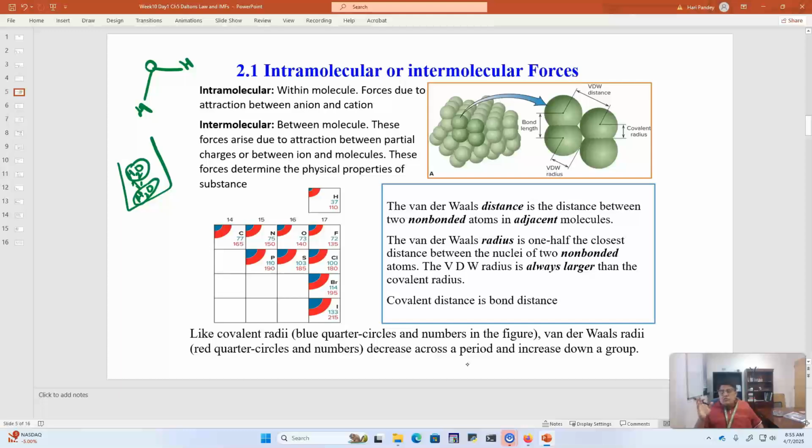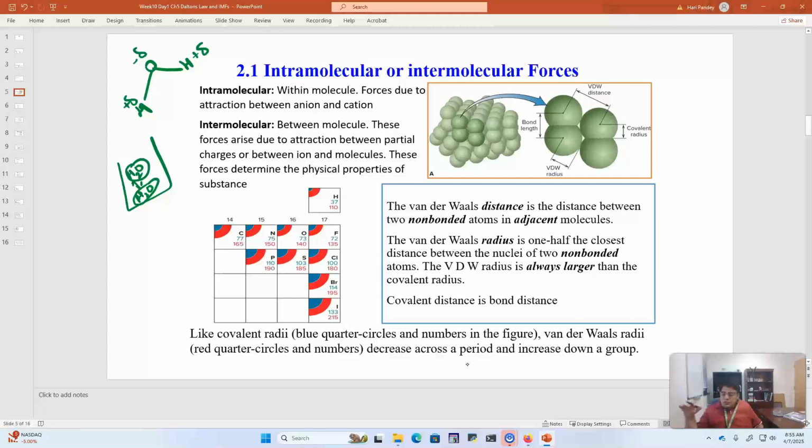These attractive forces are partly because of partial charges. For example, if you think about water, hydrogen has a positive partial charge, and so does the other hydrogen. Partial means not a full charge, just some fraction of a charge, and oxygen has a negative partial charge. They are very weak positive and negative charges.